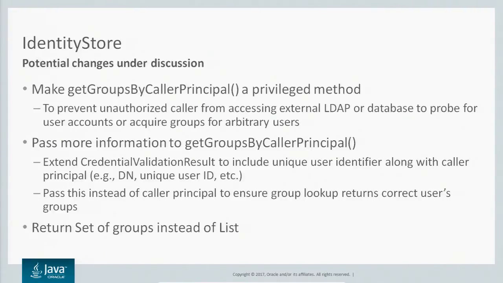But the idea is that in some environments, a caller principal isn't going to be enough to uniquely identify the user. So would we want to pass in, for example, the credential validation result, which would have not only the caller principal, but also perhaps a unique ID or a user DN or some other bit of information that would help the identity store, number one, recognize if it was a user that it knew anything about, and number two, disambiguate the user, accurately identify the user so that you make sure you return the right groups for the user as opposed to the groups that belong to some other user with the same name.